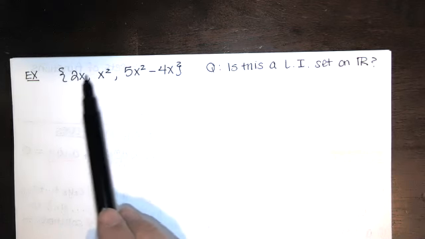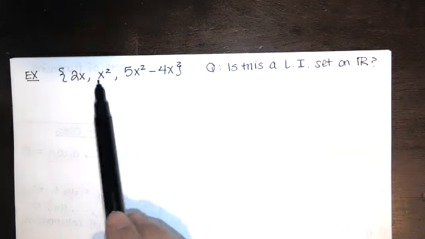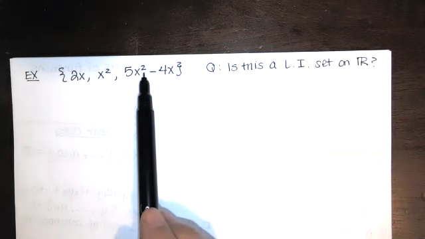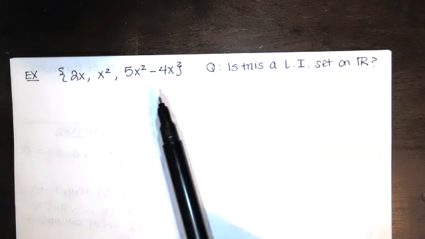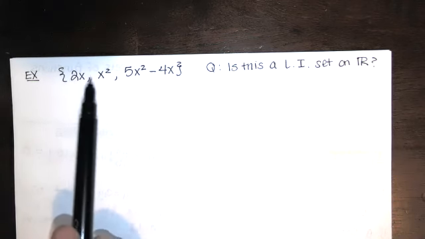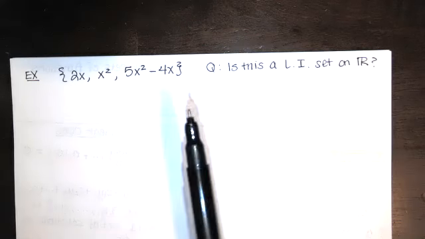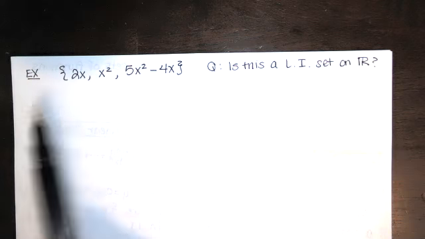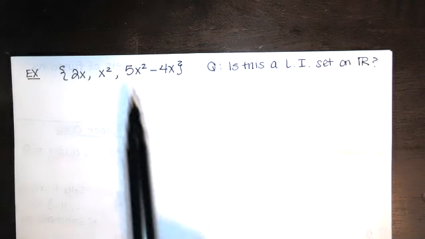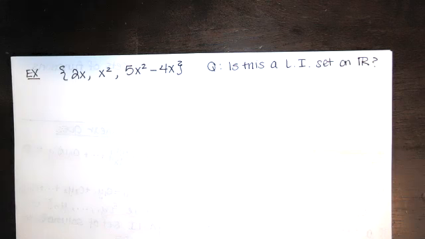So these 2 are linearly independent from each other, and these 2 are linearly independent from each other, and these 2 are linearly independent from each other, because no subset of 2 of these functions includes 2 functions that are just constant multiples of each other. But now we're looking at a set of 3 functions and we're asking, are there any functions on this list that are redundant?